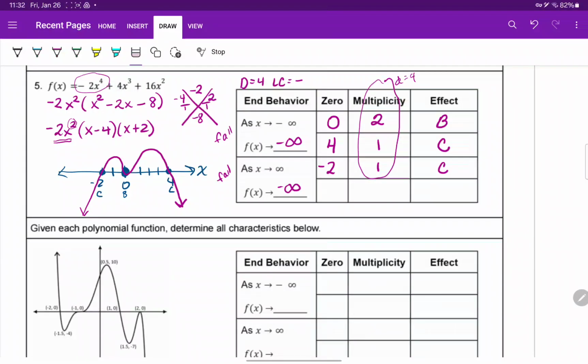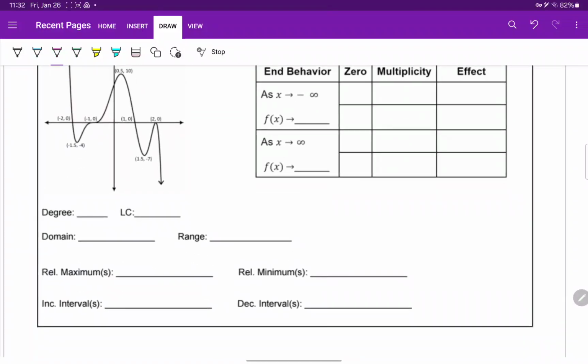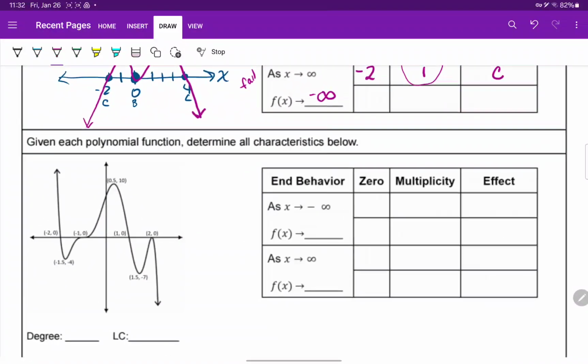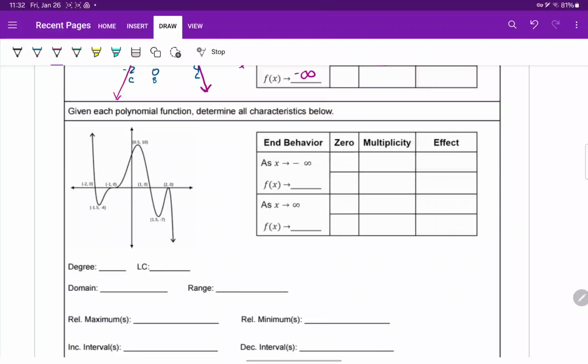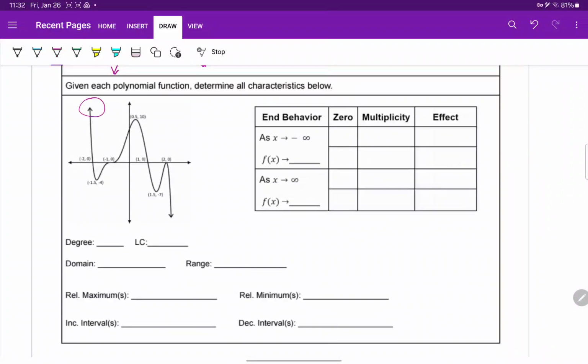All right, so the last example, we have already provided you a graph, and now I'm going to ask you for all that information plus some of the things that you did in yesterday's assignment. So as I look at this one, let's look at end behavior first. The end behavior on the left side, as we go to negative infinity, is pointing to positive infinity.